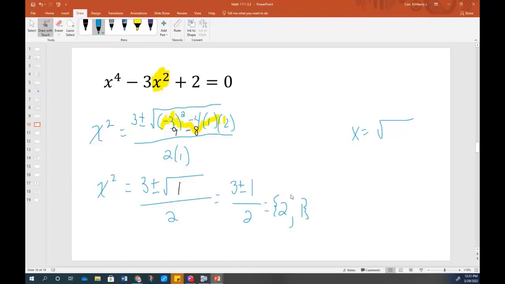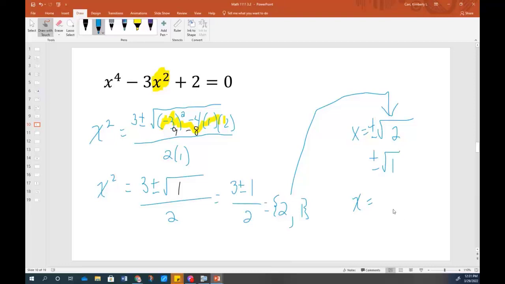But this is not finished, because that's what x squared equals. So x is equal to plus or minus the square root of 2 and plus or minus the square root of 1.